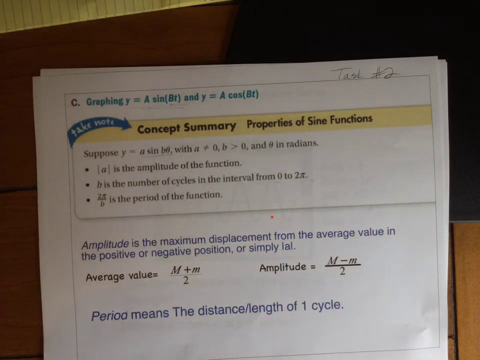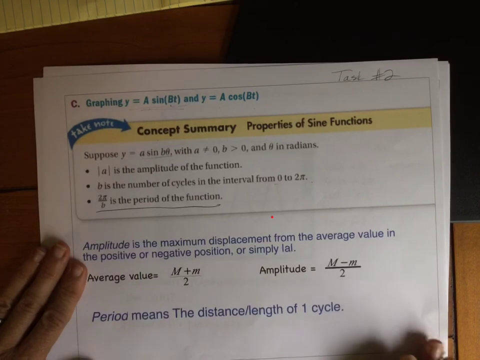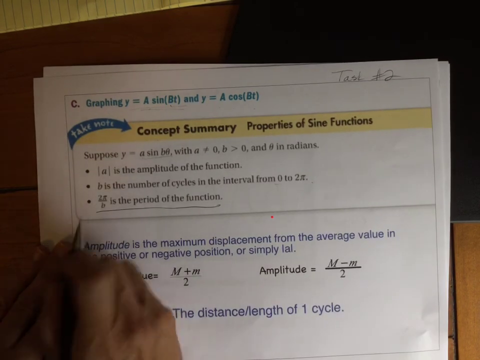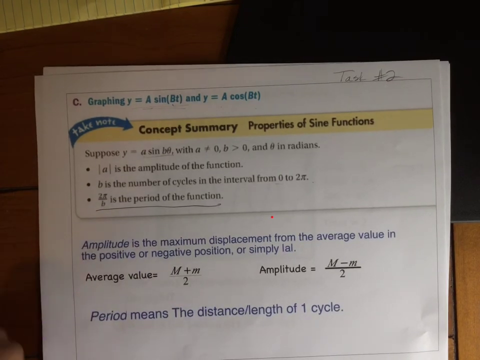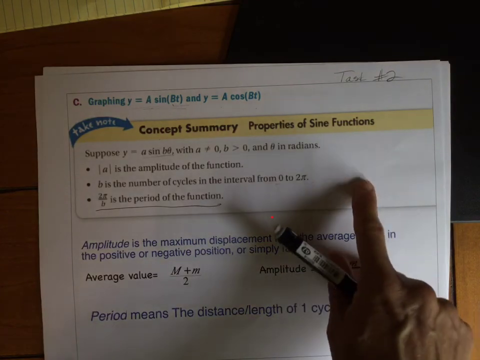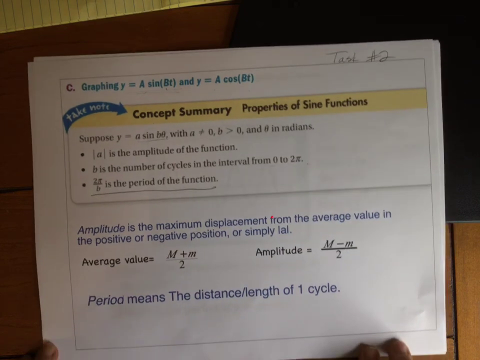And then most importantly is this equation right here. To find the period of the function, it is 2 pi divided by that b, the number of cycles. So that's all really important. And this applies to both sine and cosine, not just sine like the notes say.